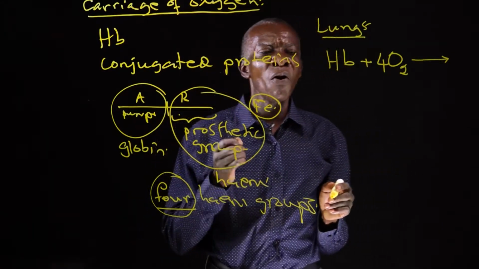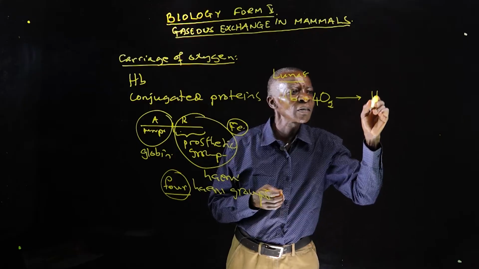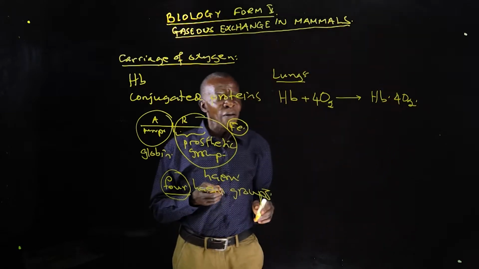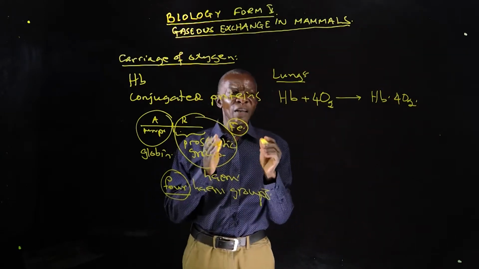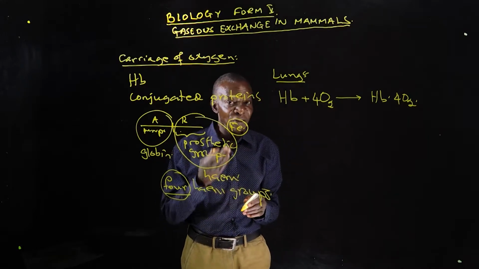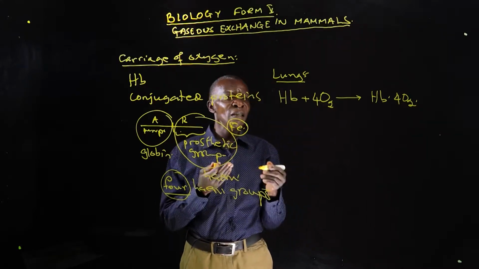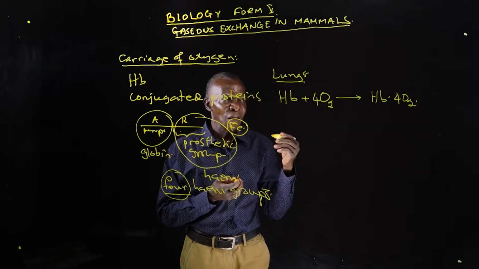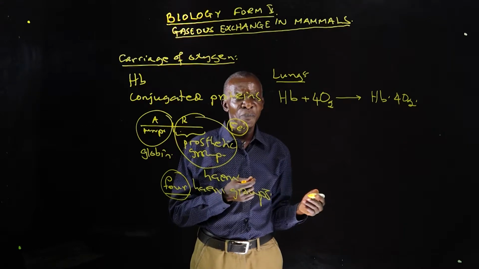This is called oxyhemoglobin. It is formed in areas where the partial pressure of oxygen is high. I have said that the affinity of hemoglobin to respiratory gases will depend on the tension of the gas that we have.